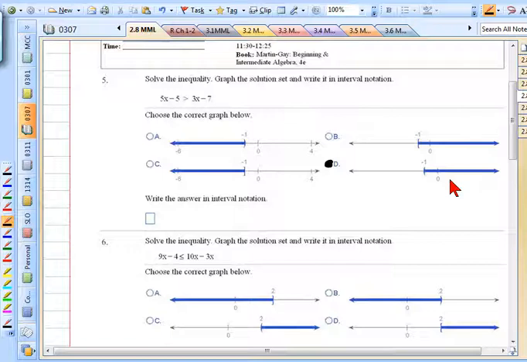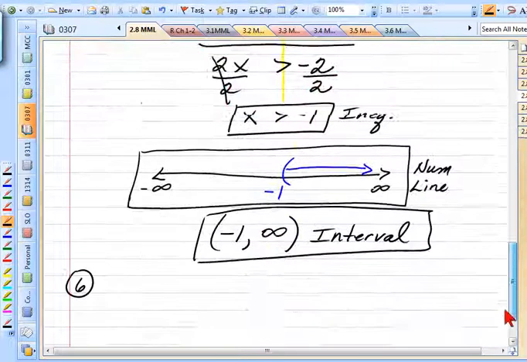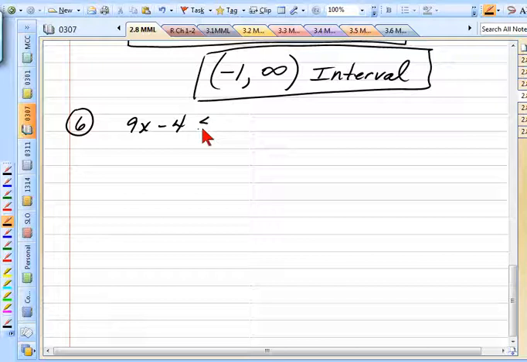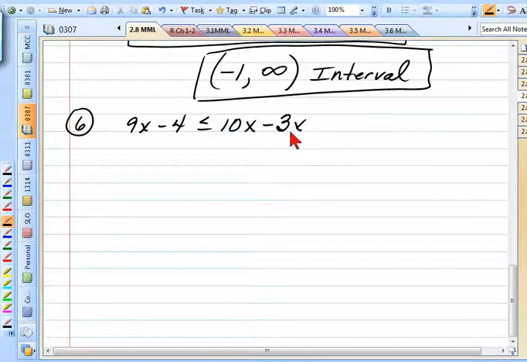All right, so now let's look at number 6, and I'm just going to work in this notebook paper space. I have 9x minus 4 less than or equal to 10x minus 3x. All right, solving this inequality, what will be your first step? Okay, now I heard a couple of things.